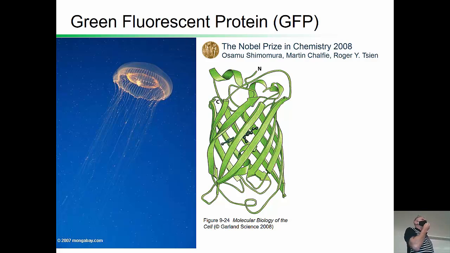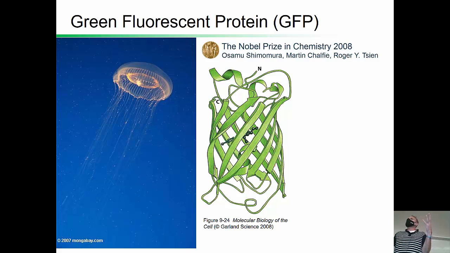If we think back to our 10 universal features of cells, one of the cool things we remember is that we can take genes from one organism and put them in another organism. And so there is a gene in the jellyfish that encodes for this protein called green fluorescent protein. And the other thing we know about proteins is that they're actually produced by the cell.